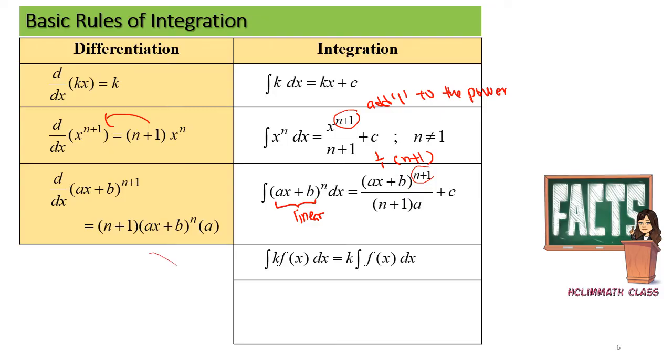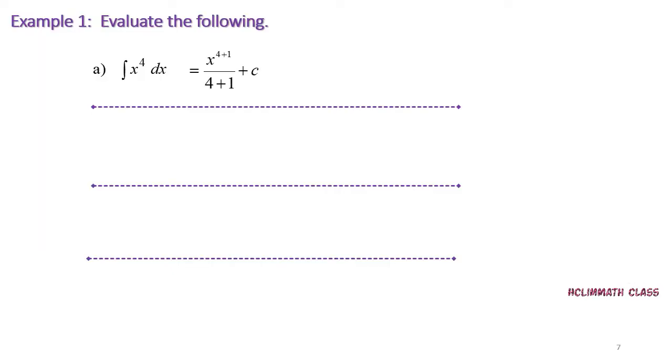The next two properties are that the integral of k f(x) is equivalent to k multiplied by the integral of f(x), and if we have the operation of plus or minus, they are going to follow through. Let us look at some exercises. The integral of x to the power of 4: we apply the basic rule of integrations.